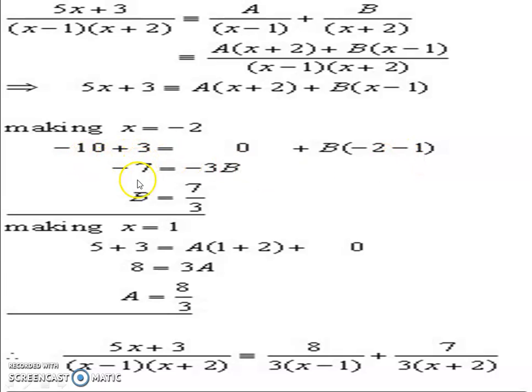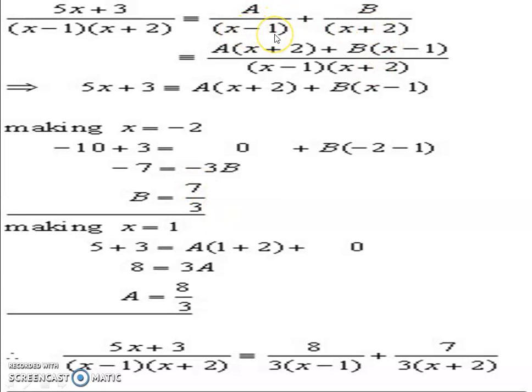Minus 10 plus 3 is minus 7, equal to minus 3B. The minus signs get cancelled and 3 goes to the other side, because 3 is a multiple, so B is equal to minus 7 upon minus 3, which is 7 upon 3.